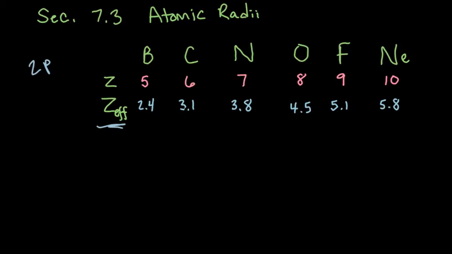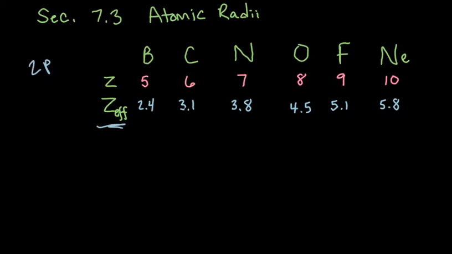Let's recall the nucleus is going to be positively charged and the electrons are going to be negatively charged. So we can think about them as magnets, and we can say that the Z effective is just basically how strong is that positive charge going to be compared to the negative charge that the electron has.